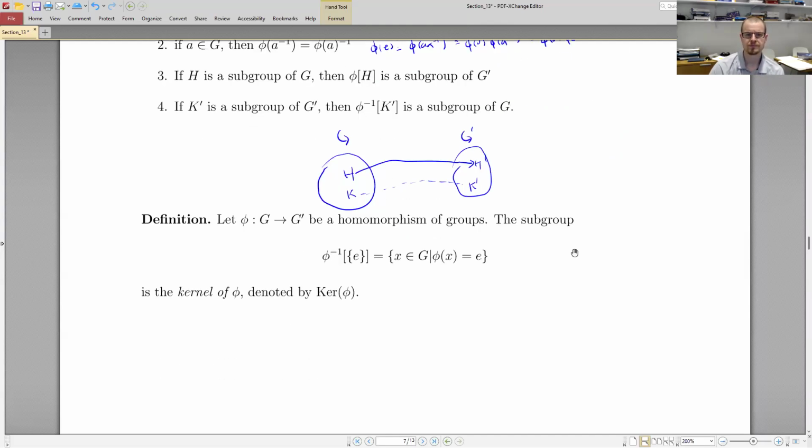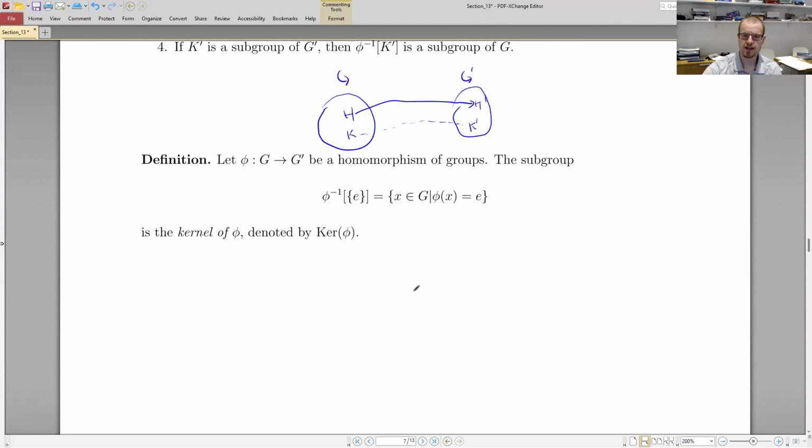Now we want to talk about what we call the kernel. The kernel of a mapping is simply the collection of elements that get mapped to the identity in G prime. So we are looking for the subgroup, the inverse image of the identity in G prime, which is all of the things from G whose output is the identity. Again, if we wanted to, with that nice set imagery here, I have G and G prime.